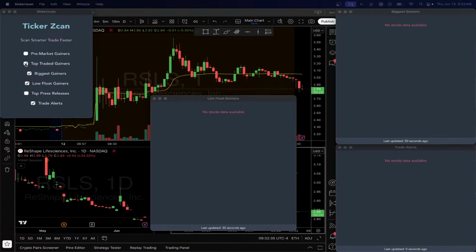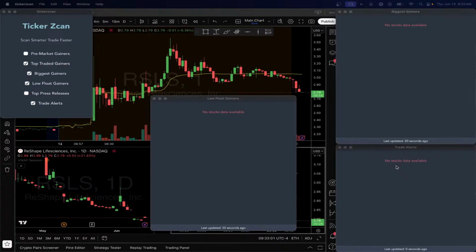It's like a top traded. Let me look, make sure the server's still running. Top trade window: found 0 trades, fetching fresh top traded data. Found 0 trade alerts, so the low float gainers.